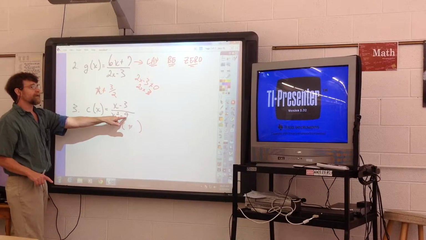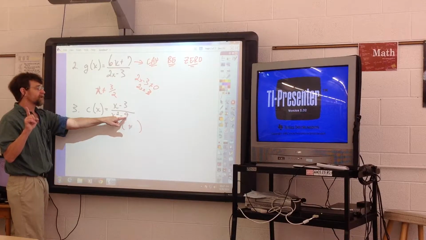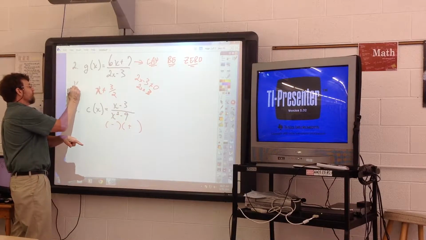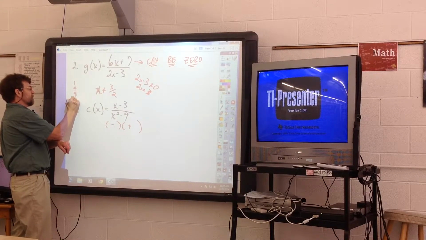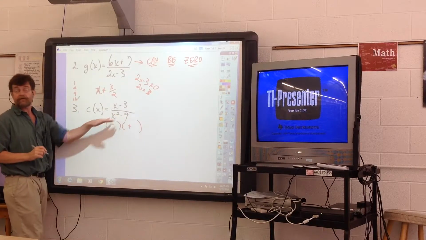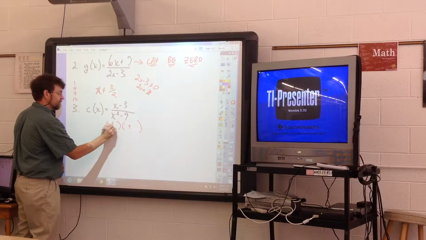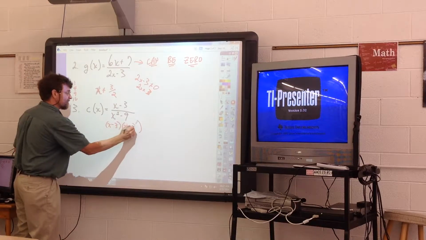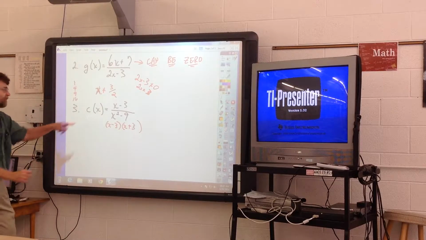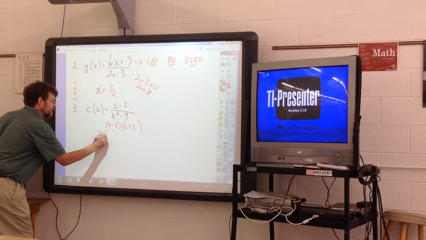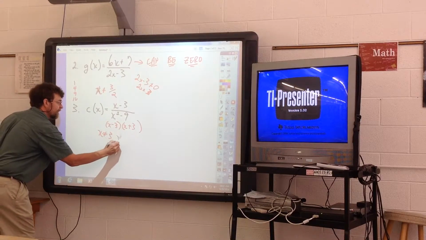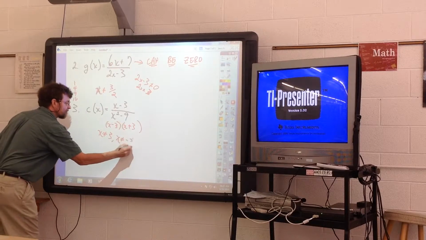And remember in geometry, I want you to know your perfect squares like 1, 4, 9, 16, and so forth. This kind of helps you on that too. So it factors to this, and so x cannot equal 3, x cannot equal negative 3.